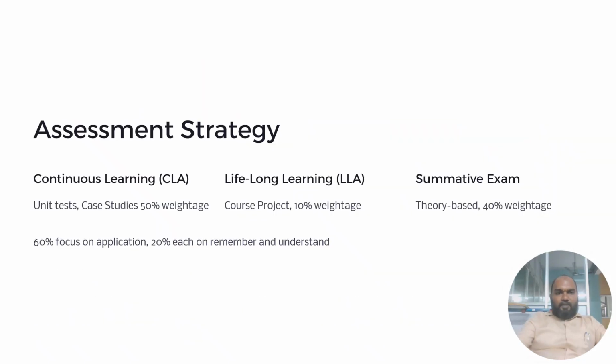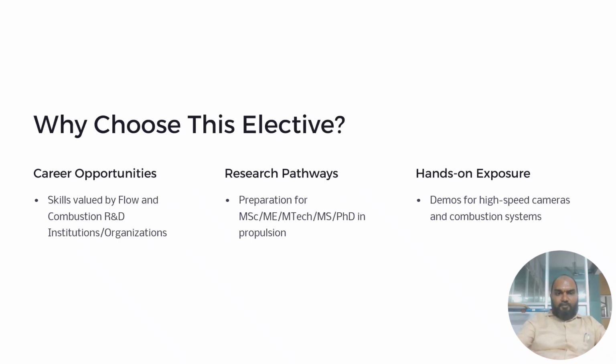The assessment strategy for this course is continuous learning assessment, which happens over the semester. Then we have a lifelong learning component, which will be a small course project, and then a summative exam, typically your university exams. Majorly we will focus on application, and a few percent on the basic levels of Bloom's taxonomy.